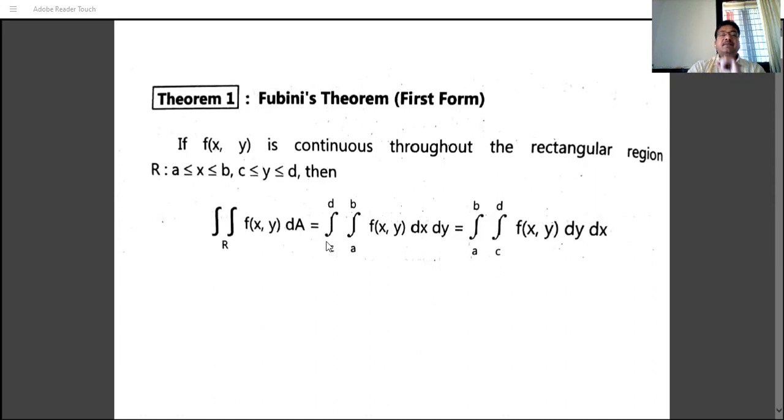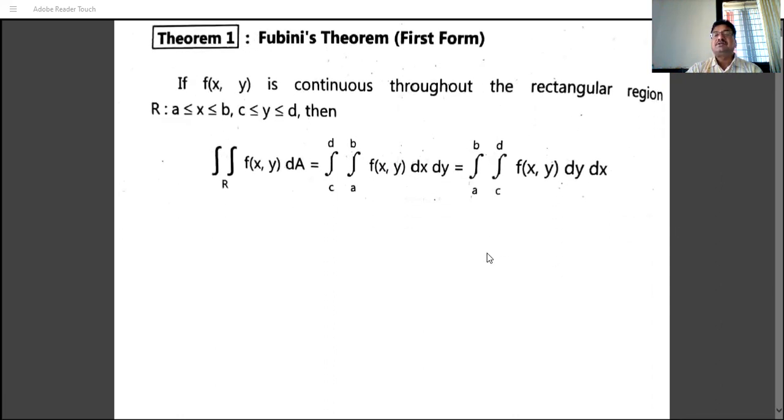That is, Fubini's theorem states that if the limits are constant, then the order does not matter. We can integrate with respect to x first, or we can integrate with respect to y first. We are going to use this theorem in the examples.